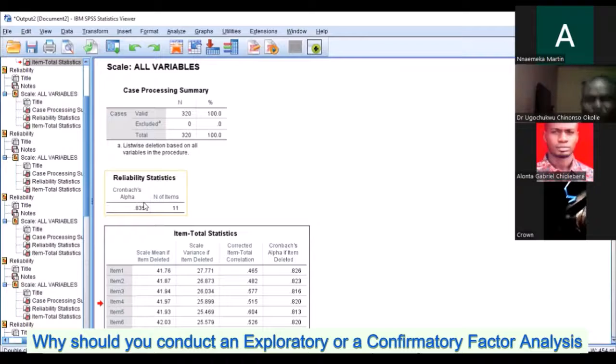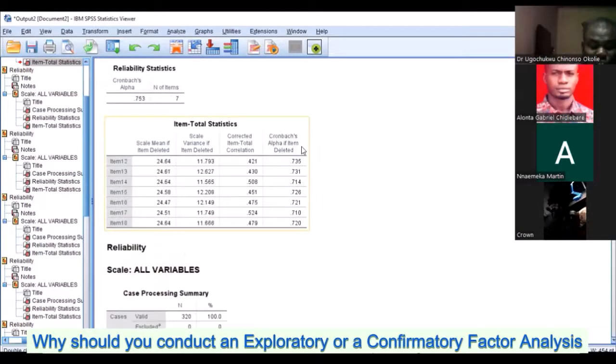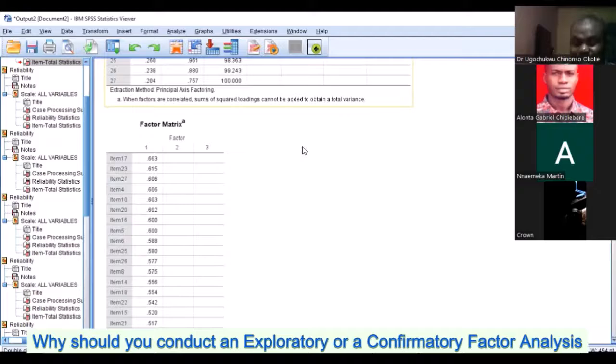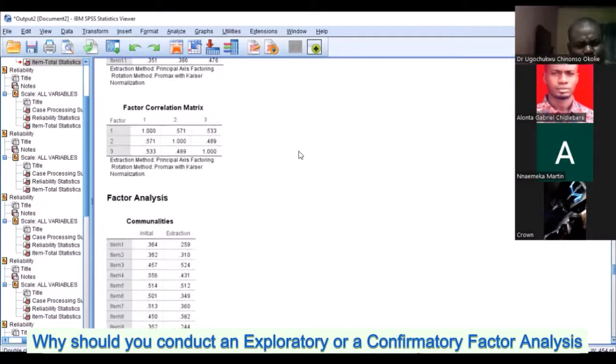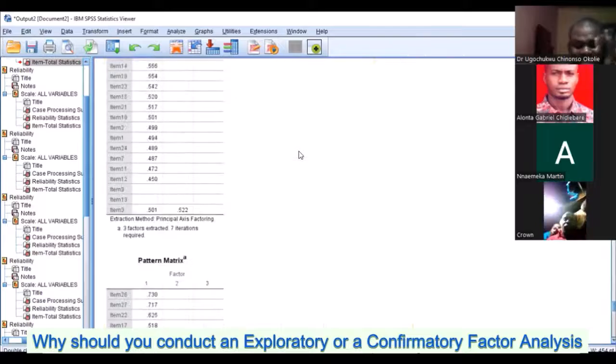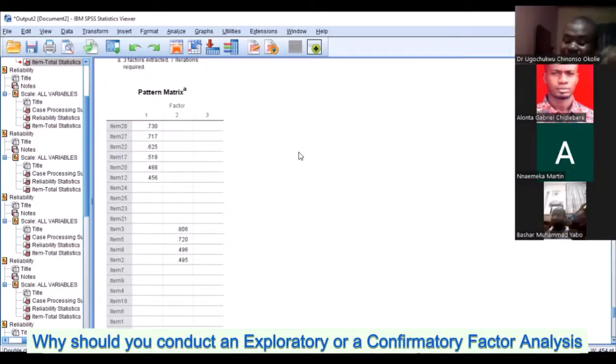But when you want to test hypotheses, it's a different ball game. So you need to use dimensional reduction to feature those items that are doing well, those items that are good for you to now proceed to test your hypothesis. So that is the essence of factor analysis.